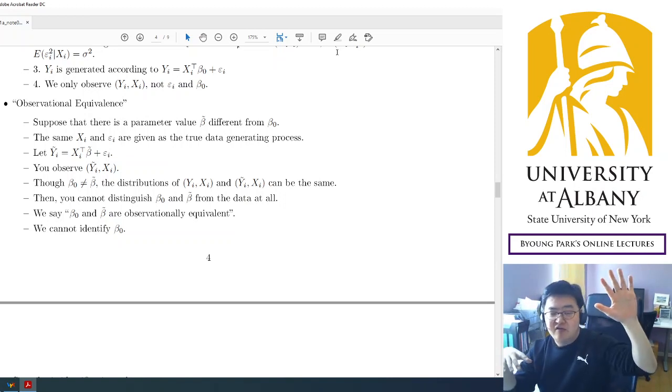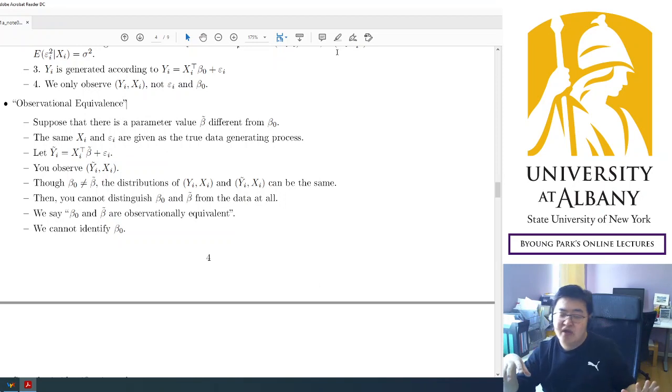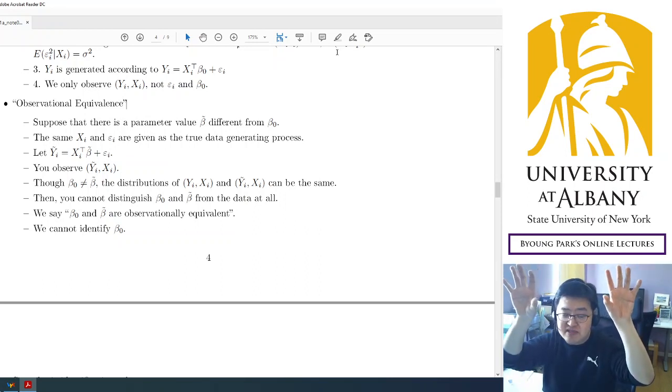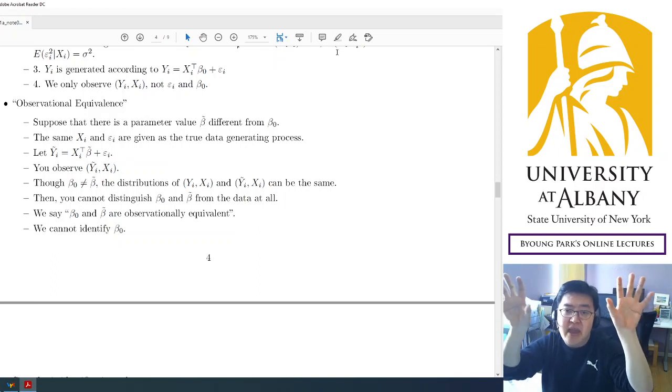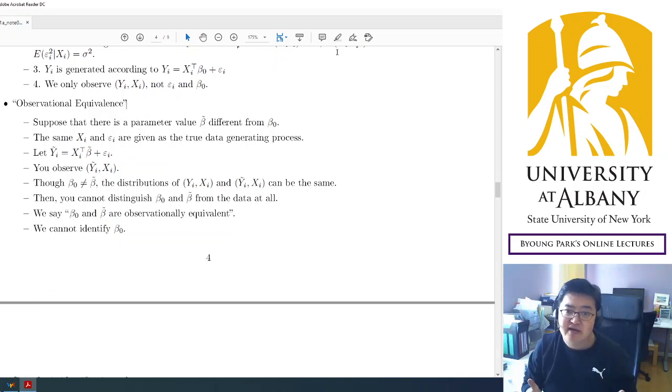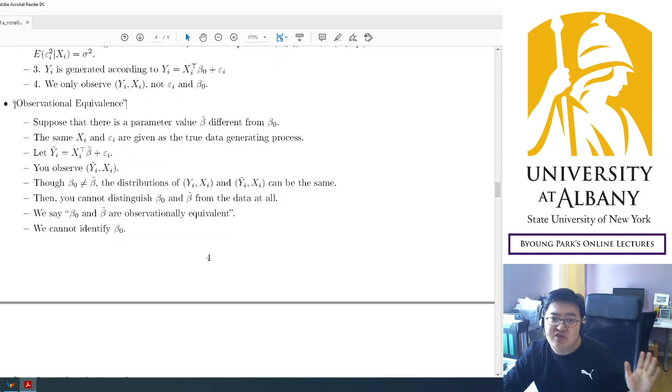When beta equals 1, you have this data, and when beta equals 2, you have different data. But in some strange cases, different data generating processes may result in the same data. We refer to this case as two data generating processes being observationally equivalent.